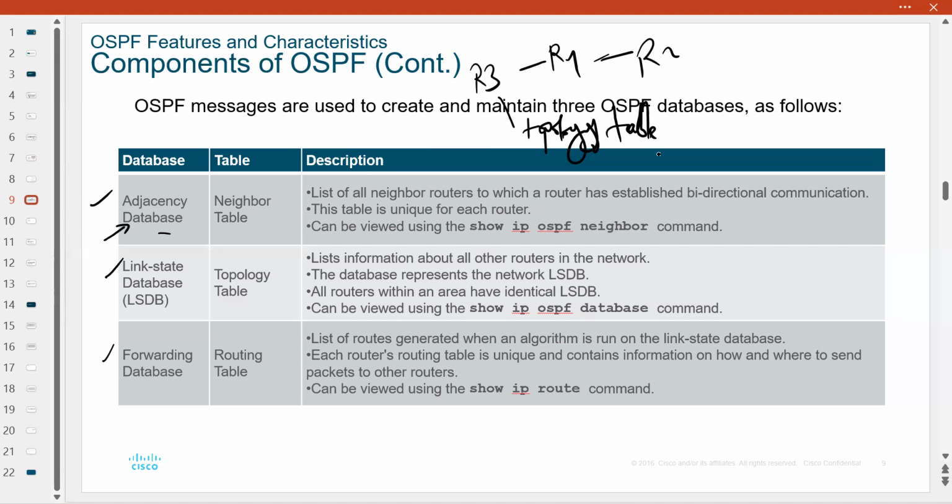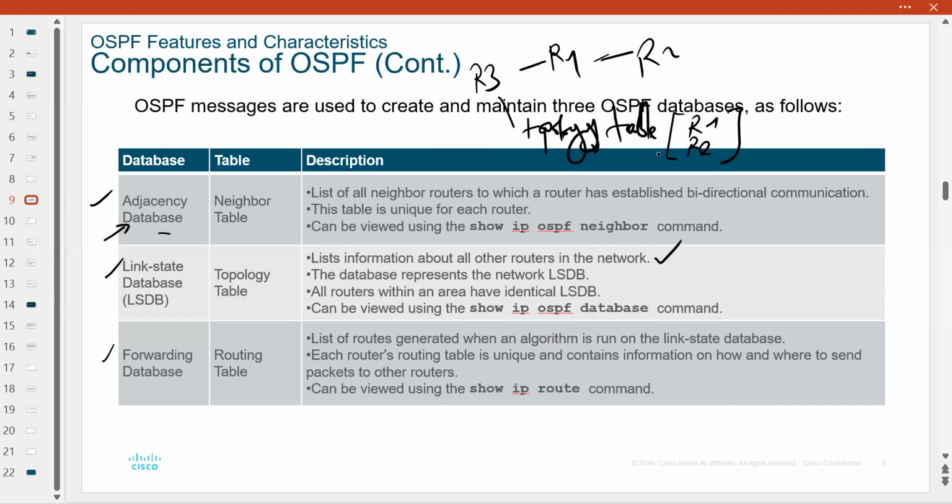Every router knows every other router in the network. In the topology table, R3 will show R1 and R2, because R3 now knows that in the network there are R1 and R2. So that is the link state database, which lists all information about the routers in the network.